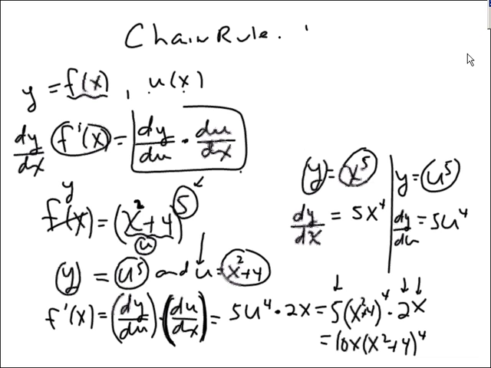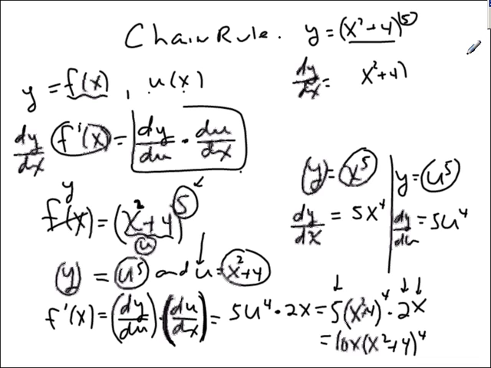Okay, now just for the record, if you don't have to use the chain rule, just a simple derivative: dy/dx is equal to a function to a power. Keep the function the same, power comes down, one less goes up, times the derivative of this, which is 2x.